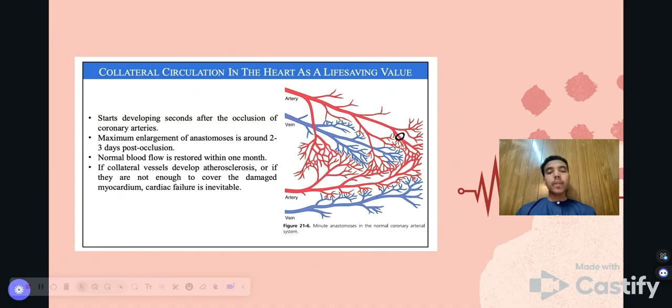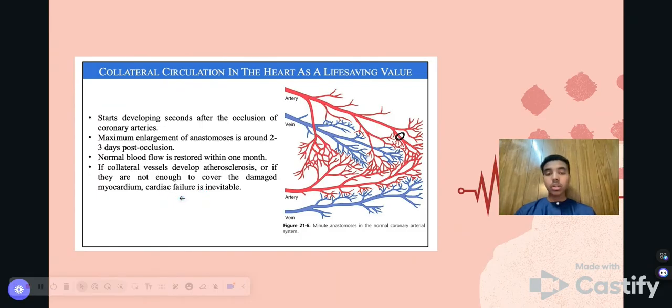Anastomosis is when other arteries take the place of the artery that got blocked, right? Normal blood flow is restored within 1 month if collateral vessels develop, unless they develop atherosclerosis, or if they are not enough to cover the damaged myocardium. Cardiac failure is inevitable.